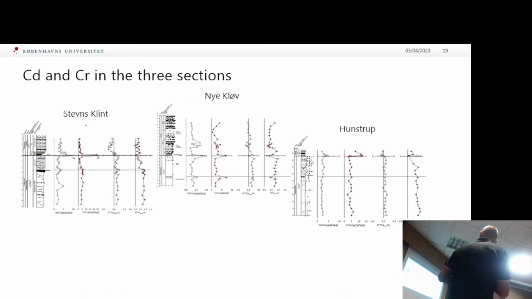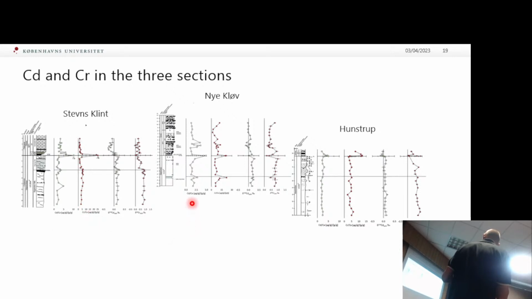So cadmium and chromium in the three sections: this is cadmium concentration, chromium concentration, and cadmium isotopes, and chromium isotopes. What we can see is that it is actually very homogeneous for both cadmium and chromium.